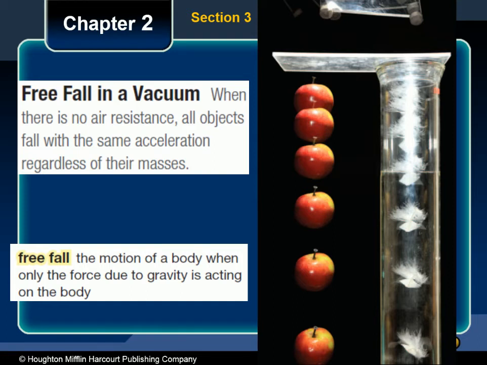In other words, the apple and the feather are falling at the same constant acceleration. If air resistance is disregarded, all objects dropped near the surface of a planet fall with the same constant acceleration. This acceleration is due to gravitational force, and the motion is referred to as free fall.